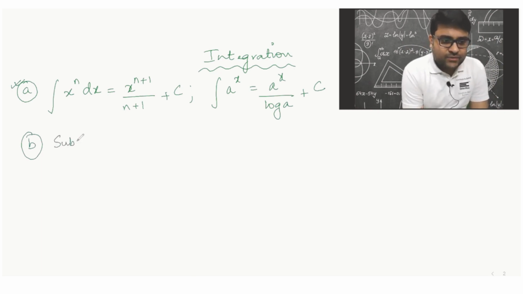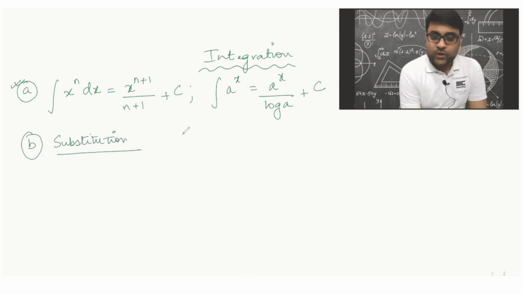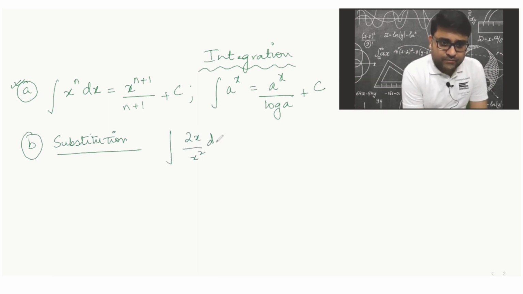Integration by substitution. Okay, this is going to be handy. An example of this would be if I have an integration, suppose 2x by x square. You take u is equal to x square. So du will be 2x dx. So 2x dx is equal to du.